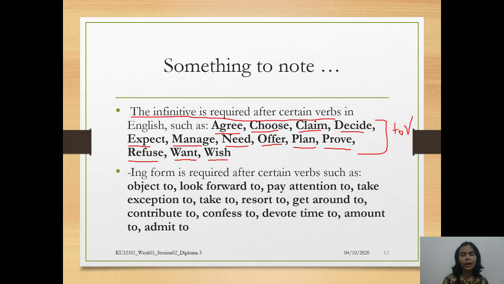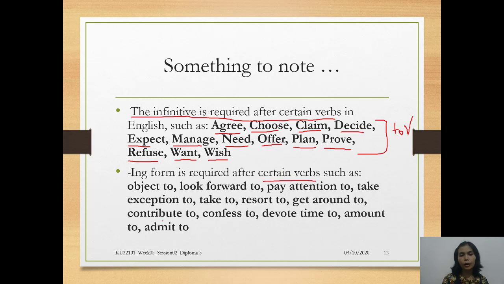Now there's also this one, ing form is required after these certain verbs. So this is the contrary of the first one.